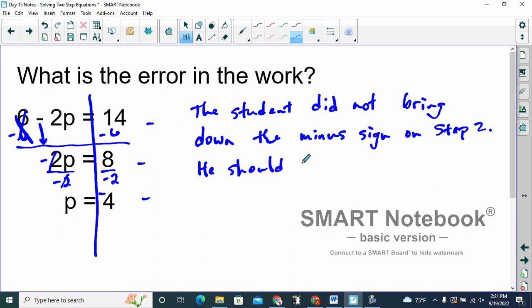He or she should have divided by -2 to get p equals -4.